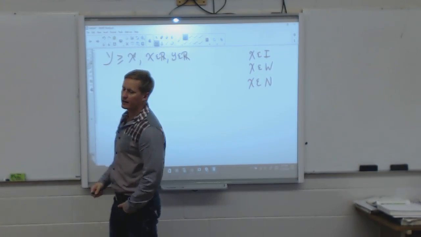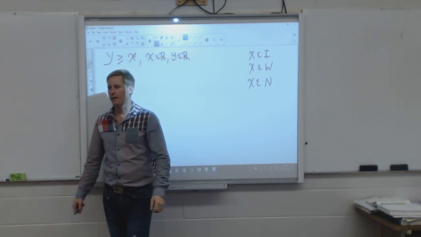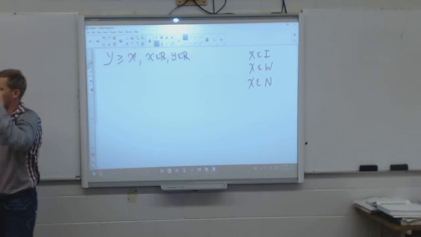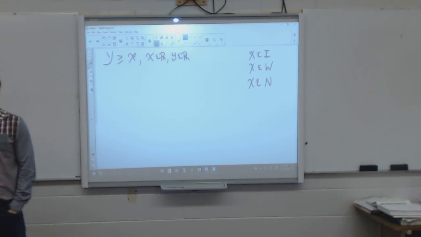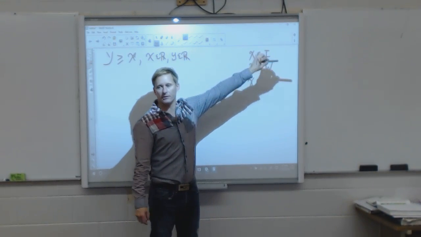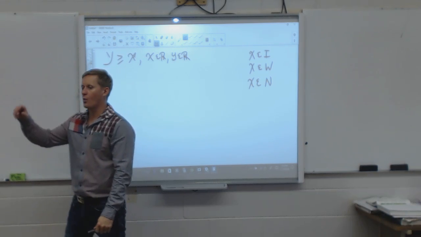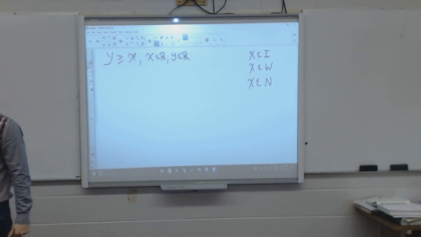Okay, so how does the graph of this differ from these three? Well, those three graphs are very specific to the whole number value, whether it's negative or positive. If it's a whole number, that means that you are only graphing in the first quadrant.